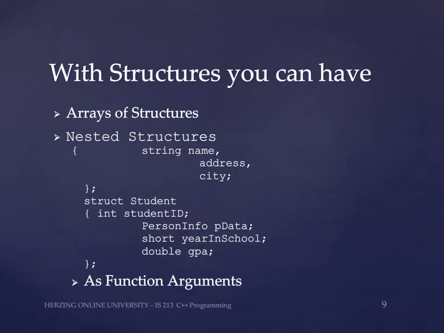So if you have a structure within a structure, like in this case, s.pData.name equal Joanne, we use the dot twice to refer to structures within structures.